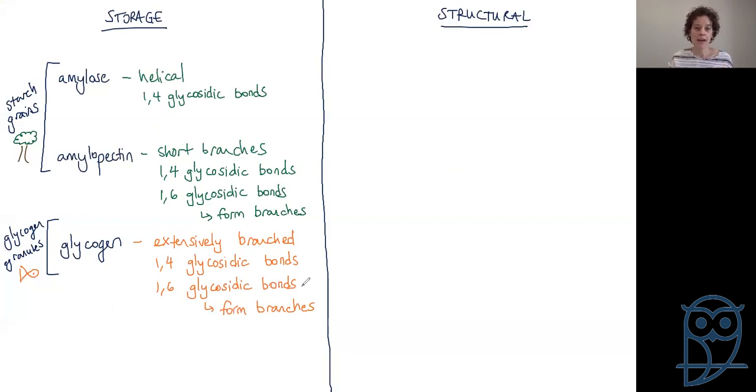So, why have we separated it between plant and animal? Well, they have different requirements. Amylose and amylopectin forming starch, making our reserve and our store for our plants. Glycogen being our store for our animals. Why do they need different things? It's because they have different energy requirements.